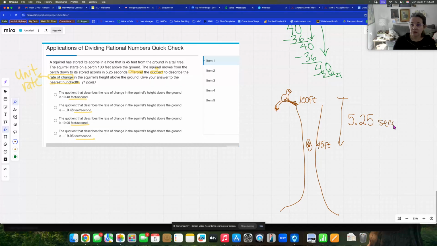All right. So now that I'm looking at my picture and I'm trying to figure out how fast he went, I think I need to find how far he went, because these are all in feet per second. And so first thing I need to do is figure out how many feet he actually went in 5.25 seconds.